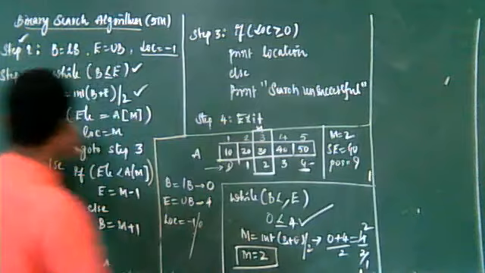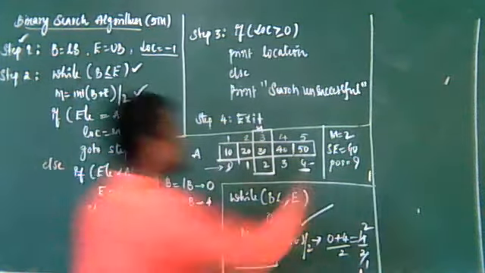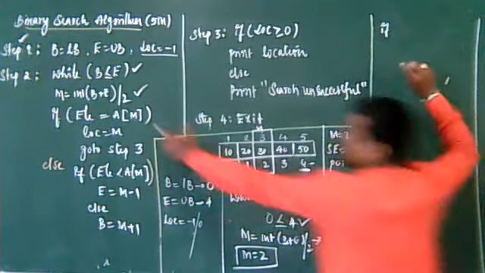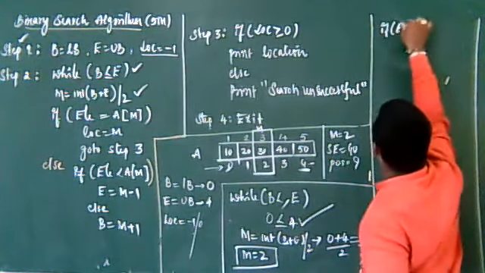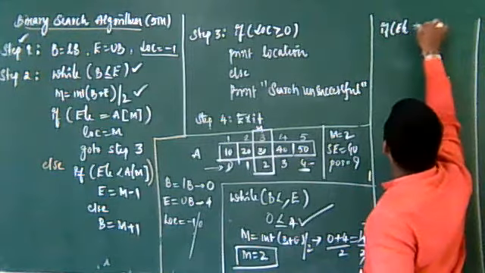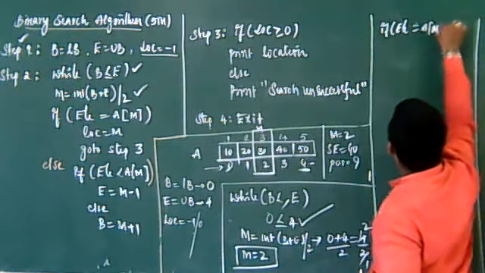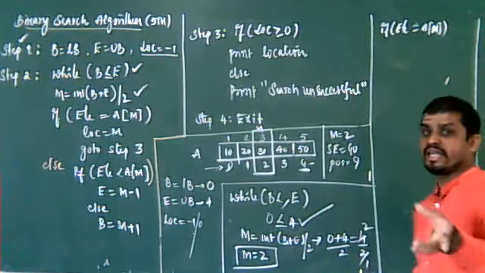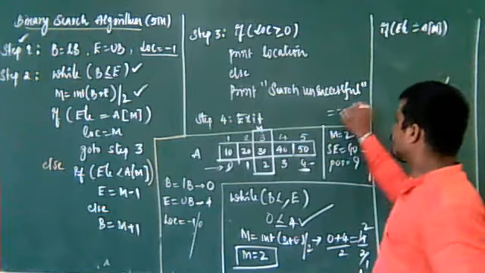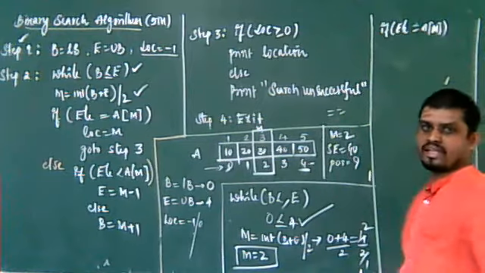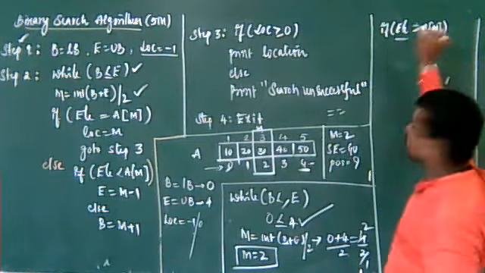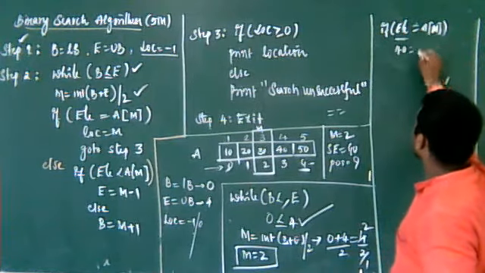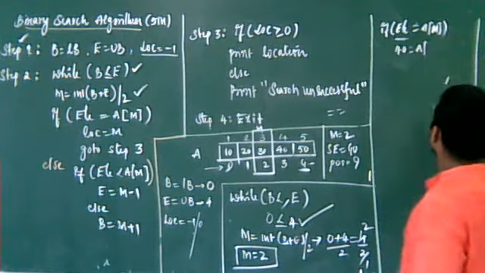Fine. Next, it moves to the if statement. If element equals A of M. In the algorithm, equals indicates equality. The searching element value is 40, equals the array name A at the middle value.